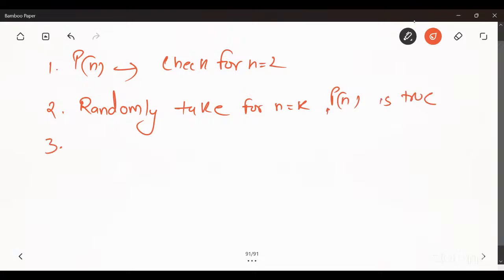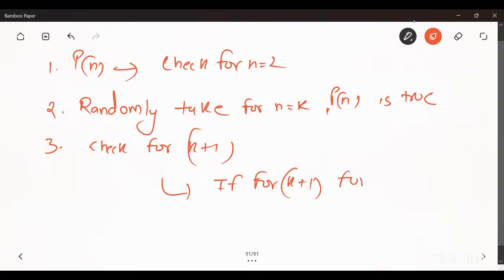Now the third one: after taking n equal to k, check for k plus 1. If for k plus 1 the function is true, that means the function is correct, means mathematically induced.